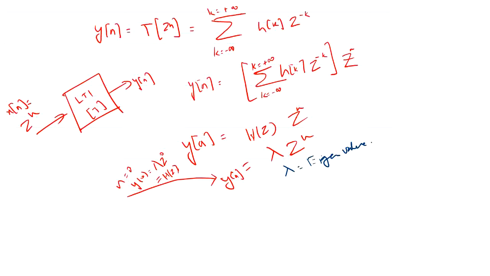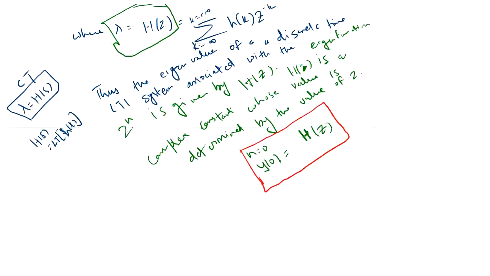So if n equals 0, we have y[0] equal to lambda, which is equal to H(z). So at n equal to 0, it is equal to the eigenvalue.